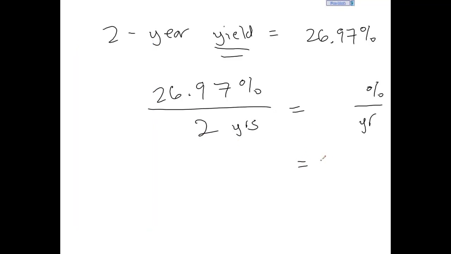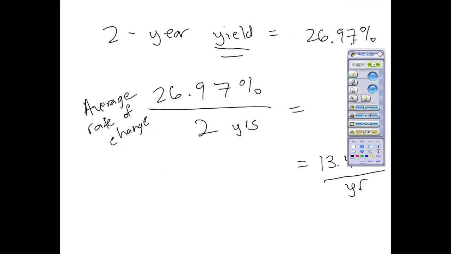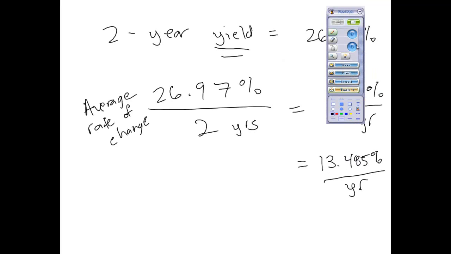So we're saying that you're actually growing by 13.485% per year. Now that's an average. This is really literally an average rate of change. Okay, sure, that makes sense, but now let's see if I actually applied, what was that again? 13.485.